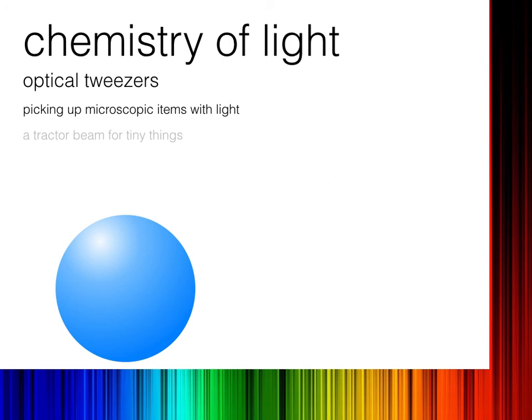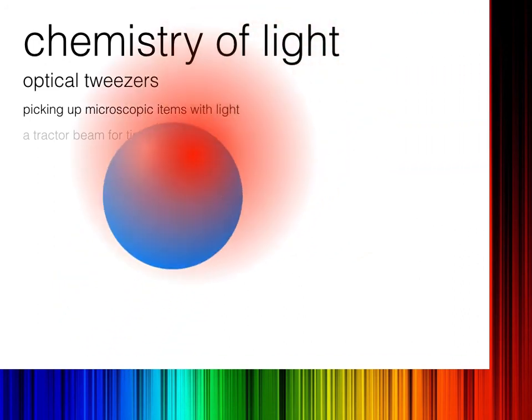If a beam of light is changing direction, I can consider it as a photon. If the photon is changing direction, then there must be a change of momentum. This basic principle is actually a really useful tool. So for example, if I introduce a laser beam, I can move it and manage to pick up my molecule.